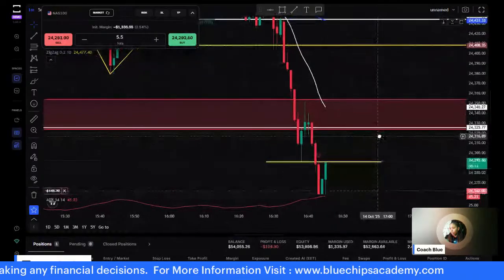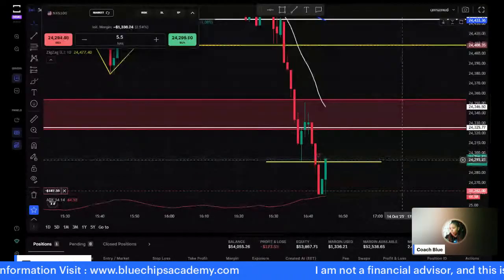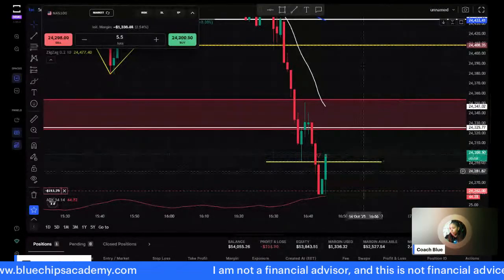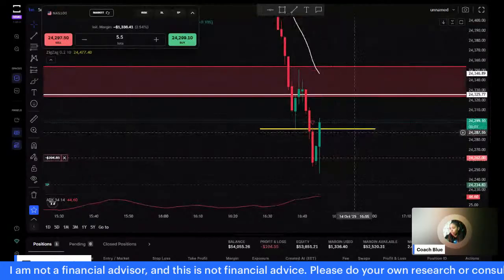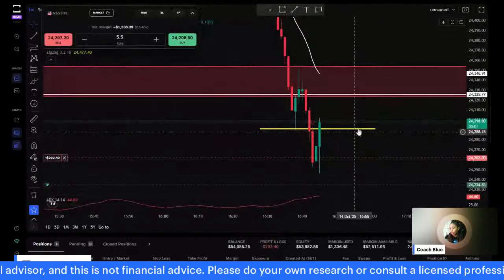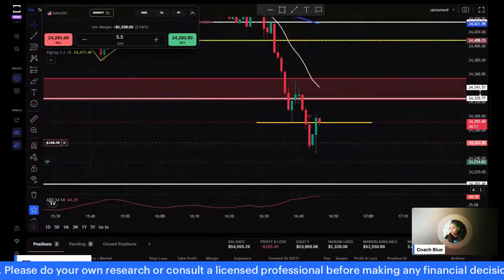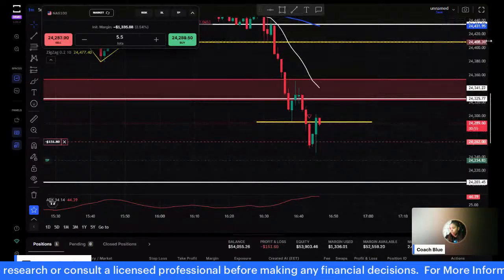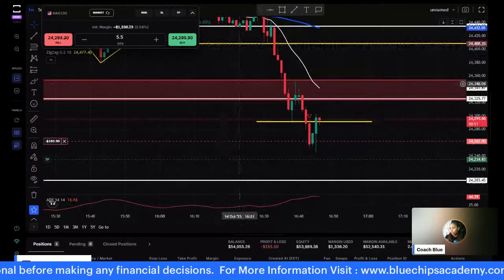My stop loss is all the way up here at 24,408. I can actually move it down a little bit too, because now we have a couple of levels of resistance. So if you want to adjust your stop loss, you could. But we have one, we have two, we have three levels. So I'm going to bring my stop loss down to here.